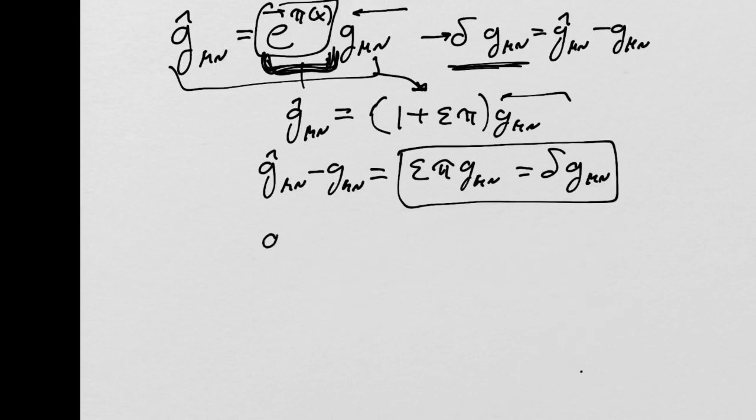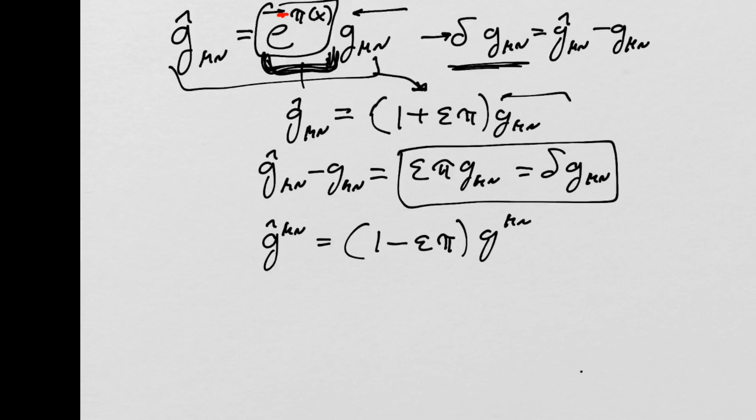Now it is worth your while to convince yourself that G upper mu nu, the fully contravariant form of this, is going to be 1 minus epsilon pi times G mu nu, because they're inversions of each other. The inversion drives a minus sign up here.